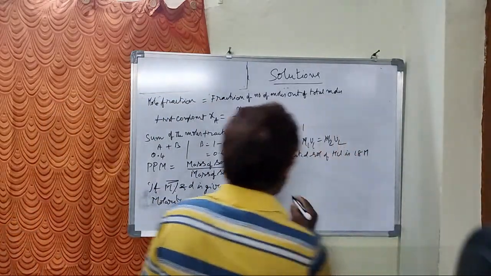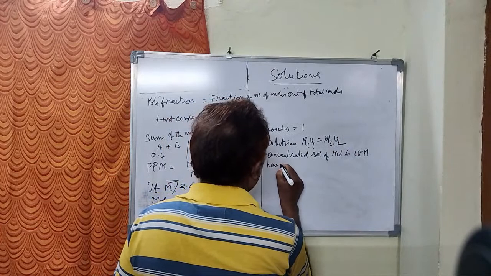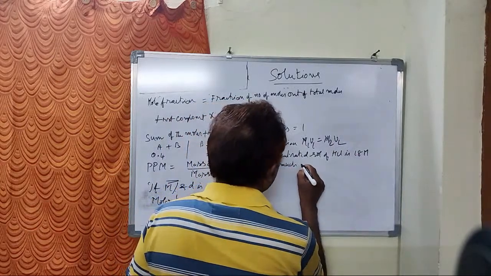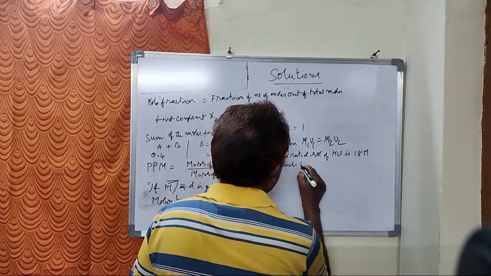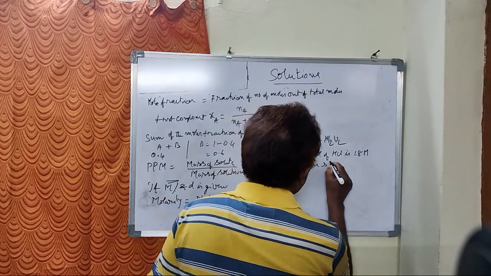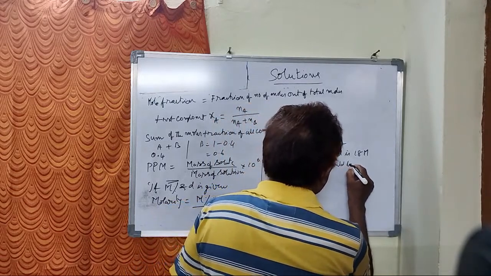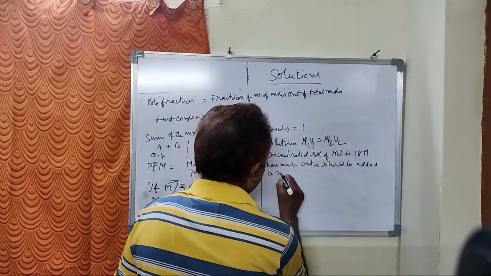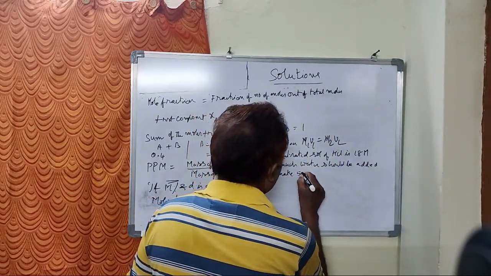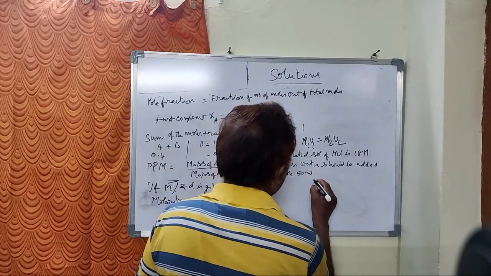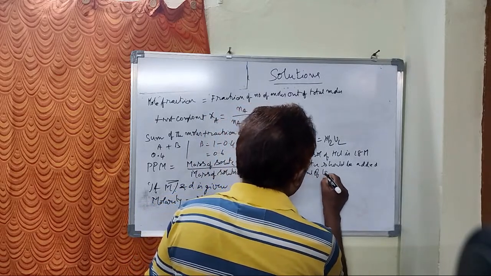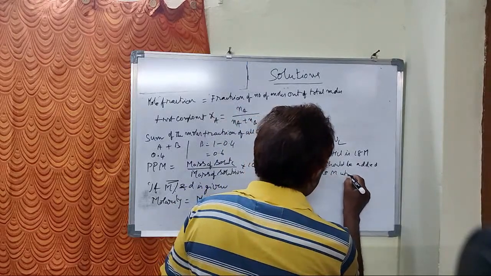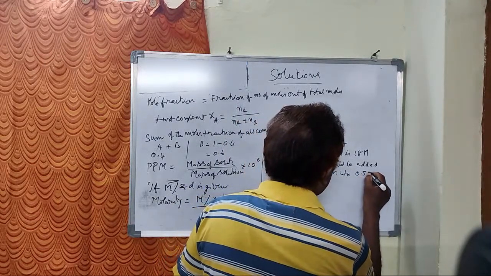Now how much water should be added to make 50 ml of 18 molar into say 0.5 molar?